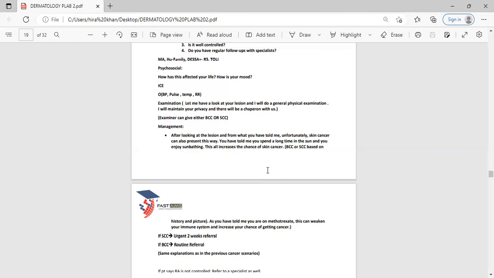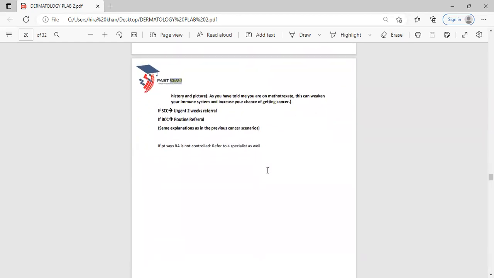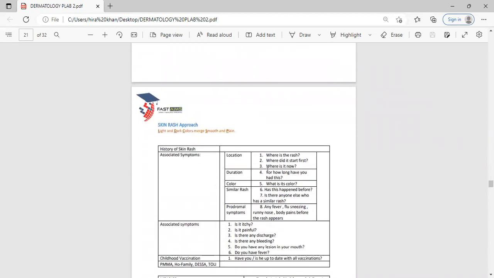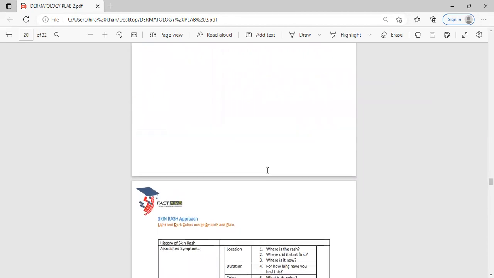So that increases your chance of getting cancer. So that might be the cause, but we are not sure whether it is cancer or not. So for this, you need to be referred to the specialist. That's it. The further treatment would be the same for SCC and BCC if they ask. That's it. Okay. So there is not a big difference between them.